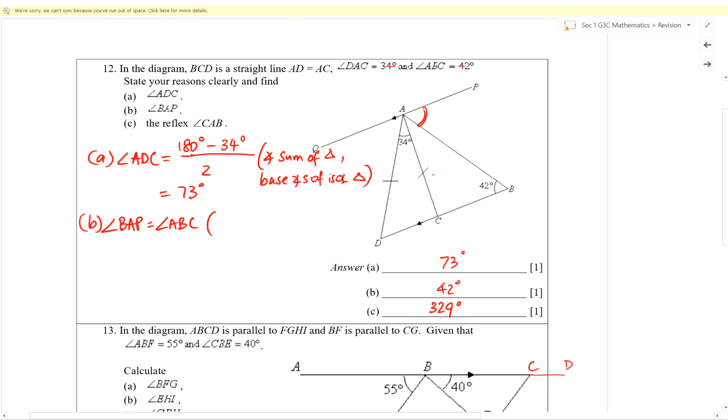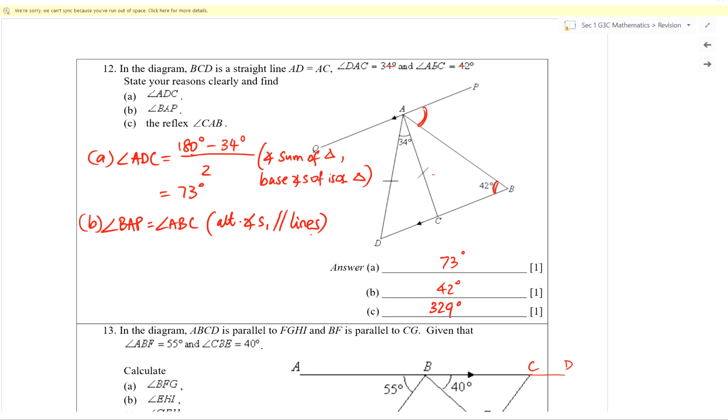Why is it that this angle has to be equal to 42? Some of you are really good at this already. Aloysius, what's the reason? Samuel, what is this, alternate angles, parallel lines? There's a letter that is inside.